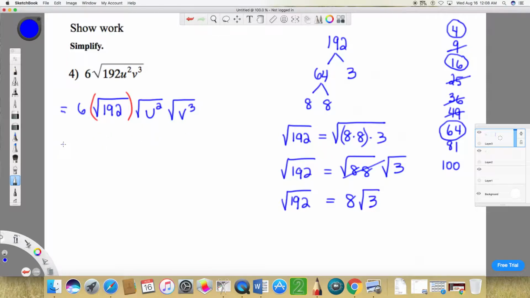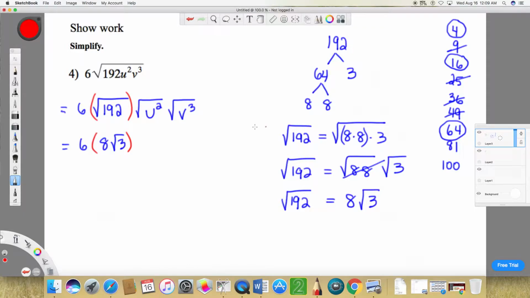Whenever you have a pair, you just write it as a single factor. So what this allows us to do is to come over and say, I'm going to replace the square root of 192 with 8 times the square root of 3. And like I say, it might help people out a little bit if your factor trees are not so huge, and if you try to find the largest perfect square that divides that number.